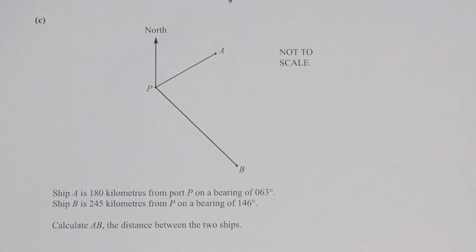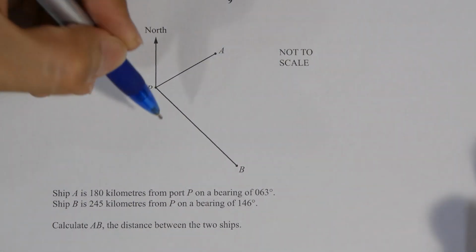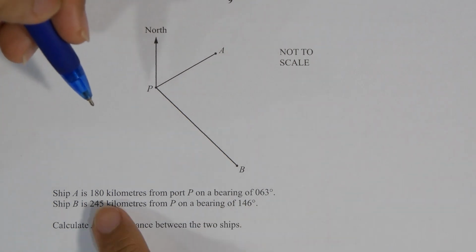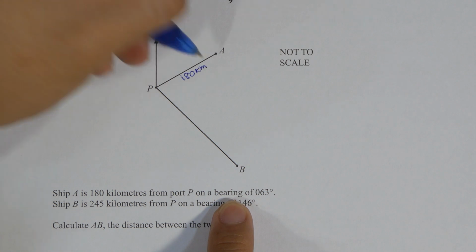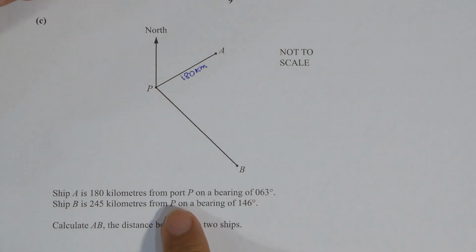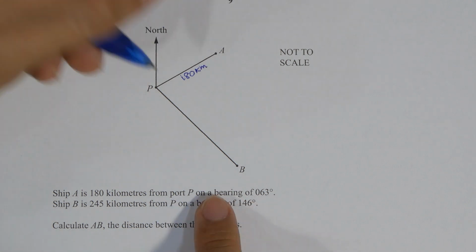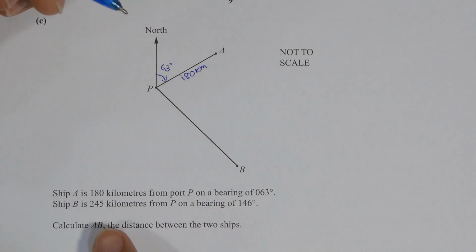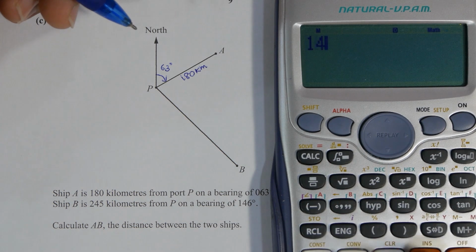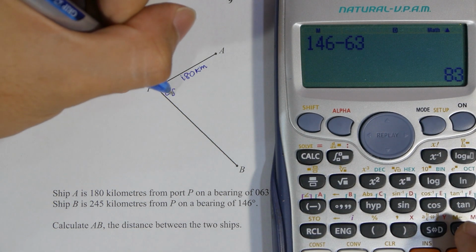Part C. This is actually a bearing question. The tricky part here will be the labeling. You're required to label down all the information given, such as 63 degrees, and also APB is actually 146 minus 63.